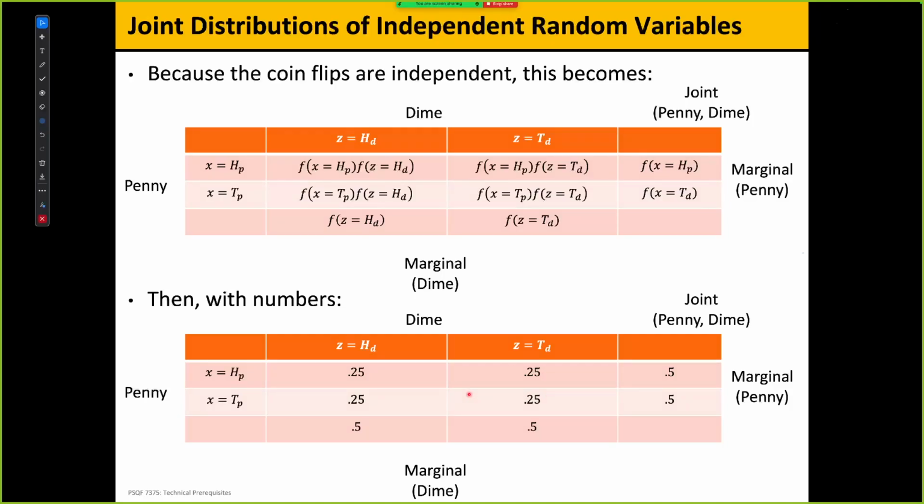Where did you hear that term in this lecture? What other distribution did you hear it with? Uniform distribution, right? That's right, uniform. This is a different type of uniform. This would be called a discrete multivariate uniform distribution. Discrete meaning there's only four possible outcomes in the sample space.